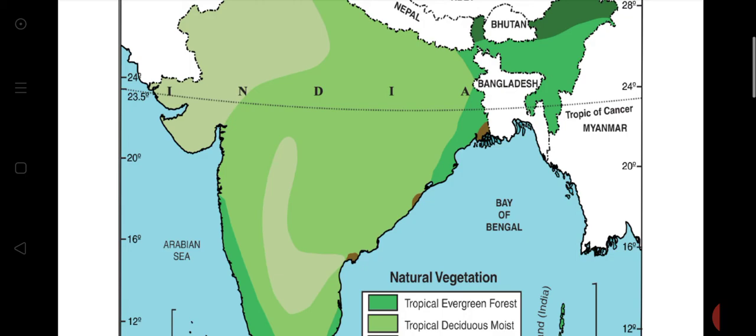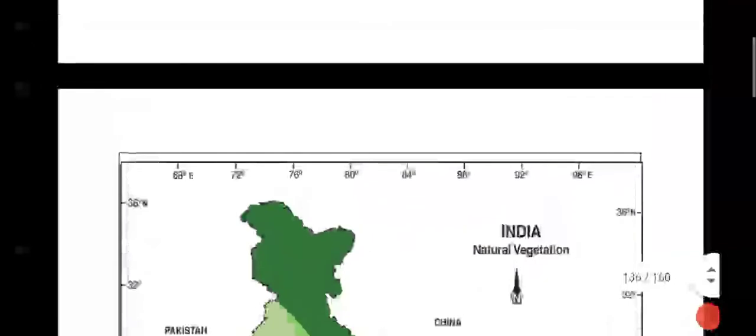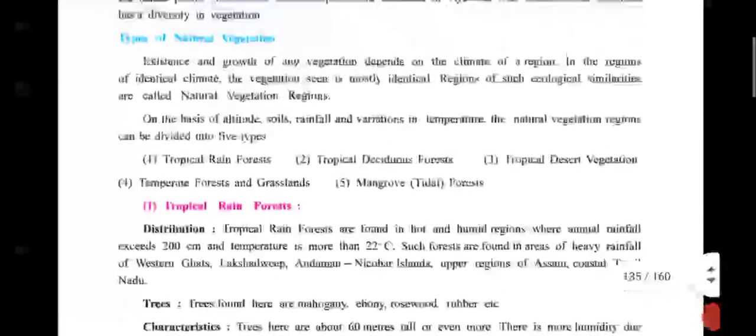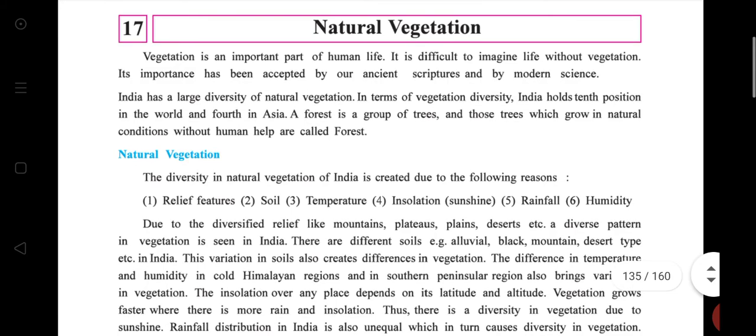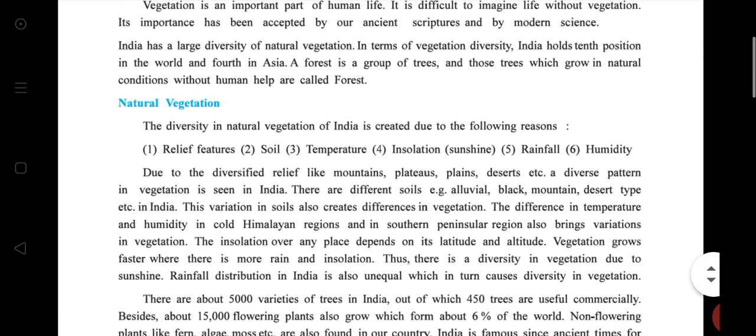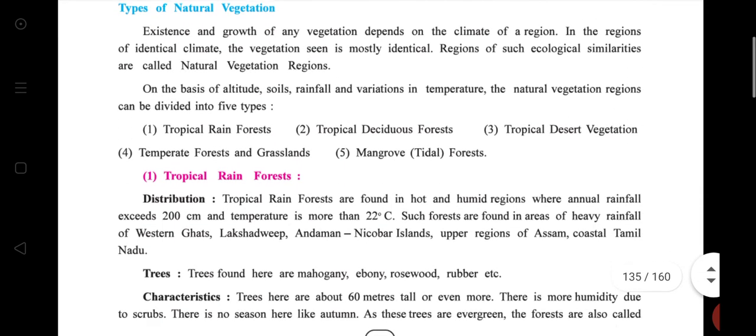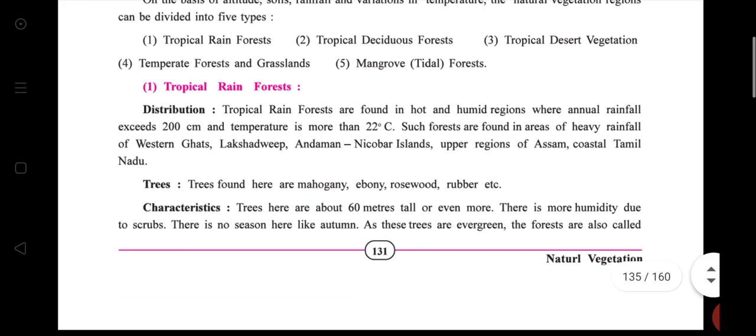Okay, mostly 2 to 3 maps we will do in the next lecture. So till then complete your book, and in this chapter we learned a lot of importance for our life, because vegetation is also useful and important in our life.